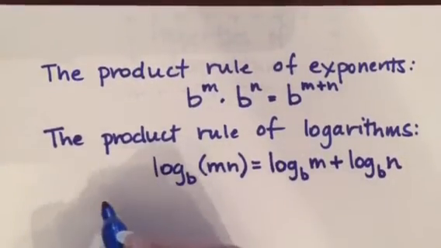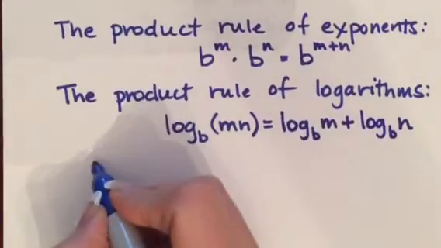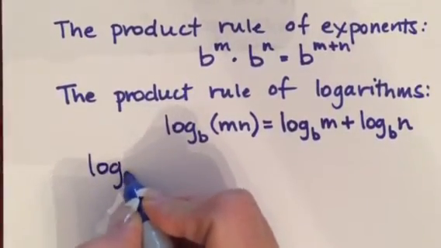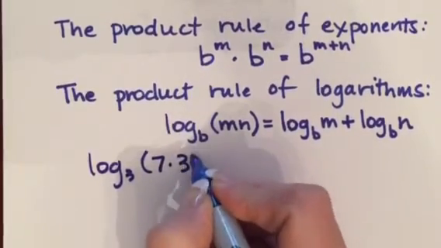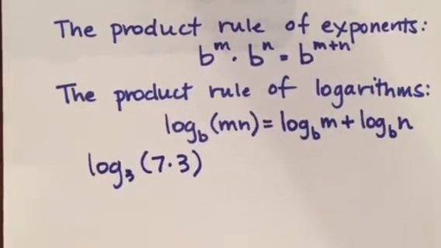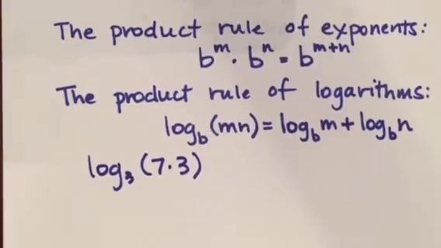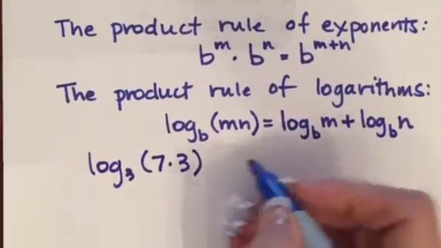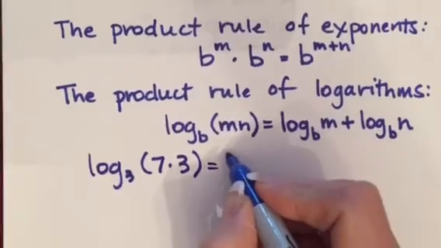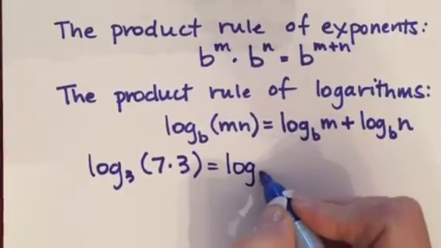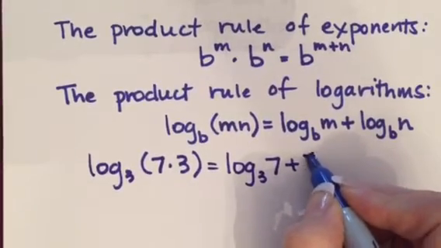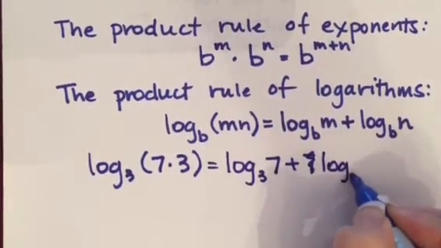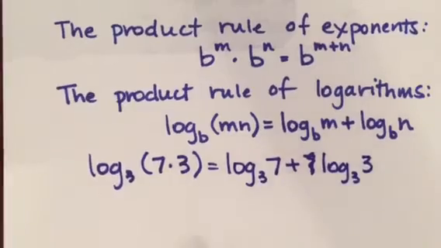Let's start with this example. Log base 3 of 7 times 3. We can apply this property and say that is equal to log base 3 of 7 plus log base 3 of 3.